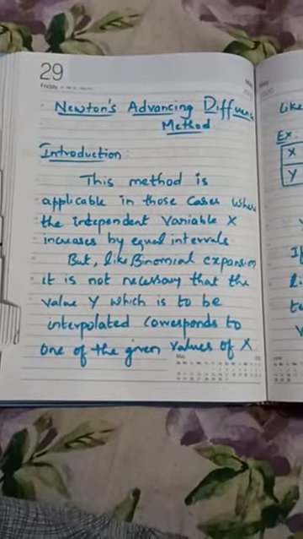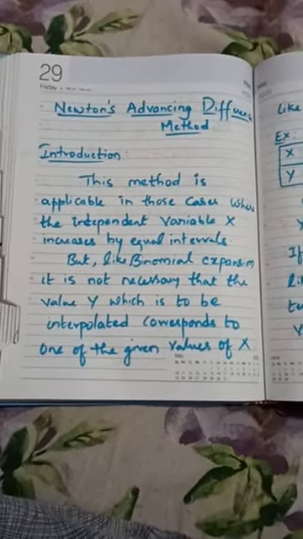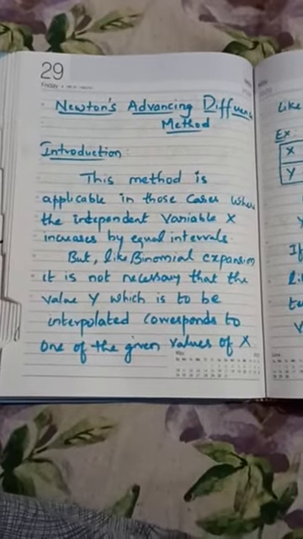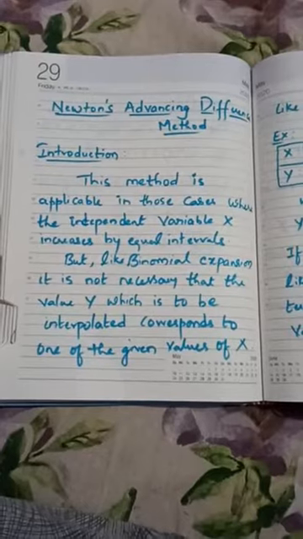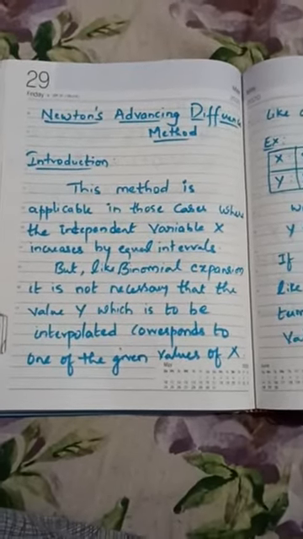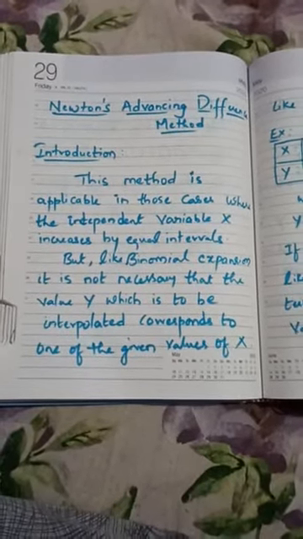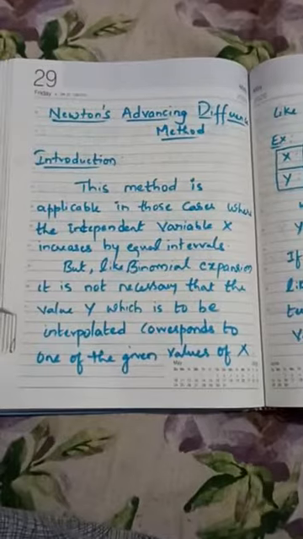But in Newton's method, the missing value will not be shown in the table. A blank will not be there. This is just an introduction; later I'll show you the example. This method is applicable in those cases where the independent variable x increases by equal intervals.